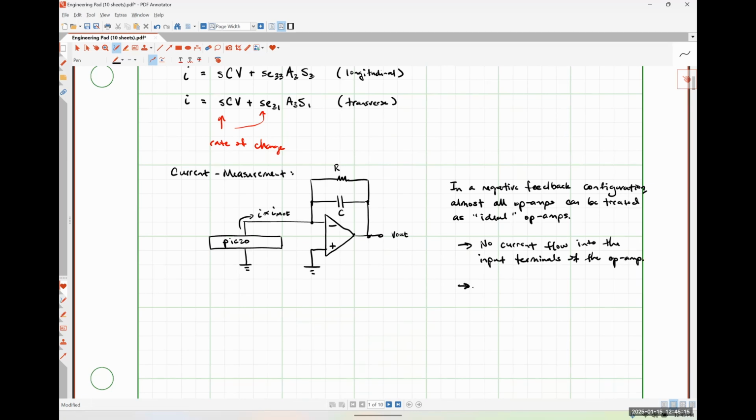And two is that no potential difference or voltage will appear across the terminals. Excuse me, the input terminals of the op amp.